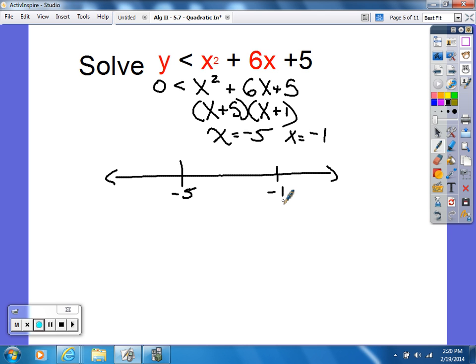Now, open or closed dots at -5 and -1. How'd you guys know that already? Yeah, the sign doesn't have an equal sign, so it'll be open. Everybody okay so far? So now we need to figure out where to shade.